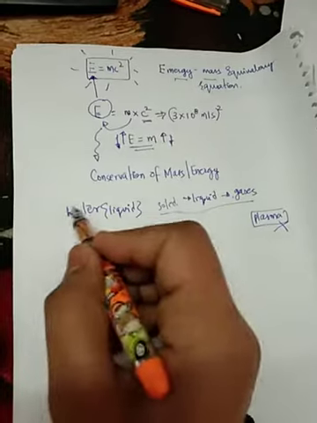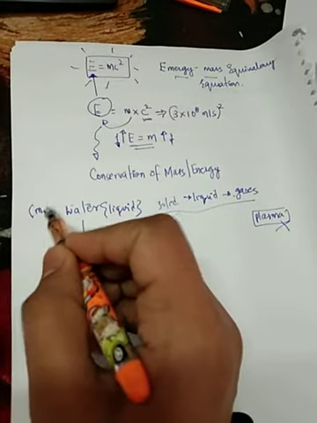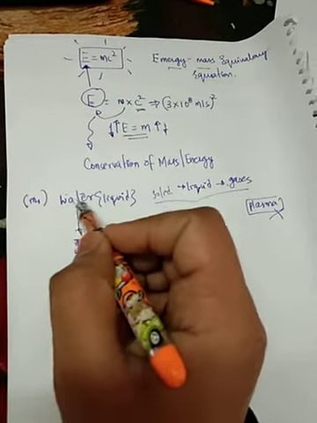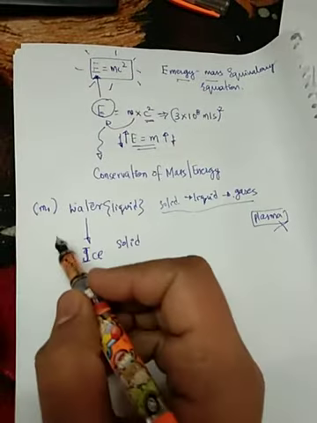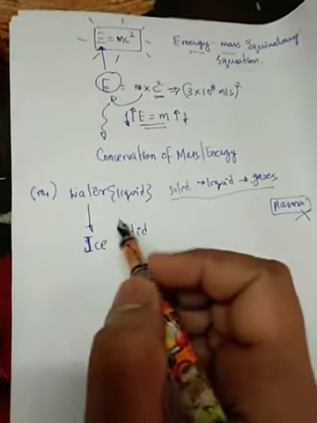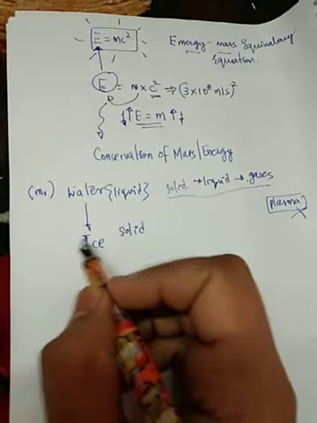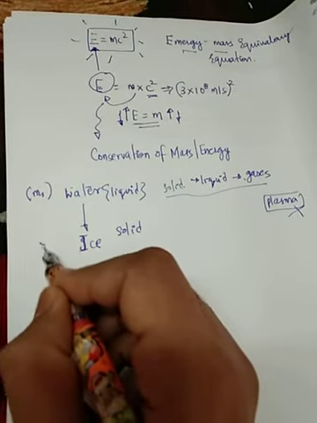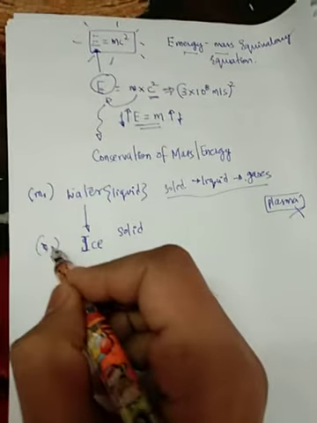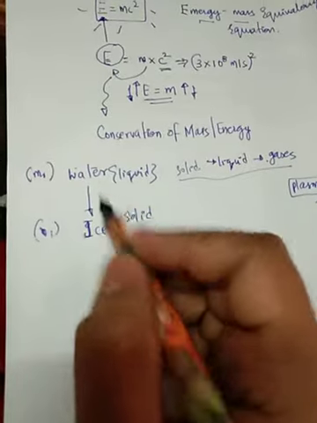When you weigh this water, let's say its mass is m1 in liquid form. When you do this transformation into ice form and weigh it again, the mass is going to be the same, m1. And it is not limited to only two transformations.